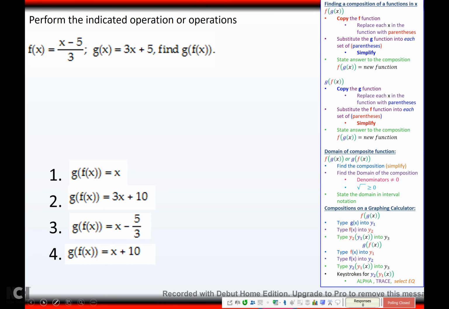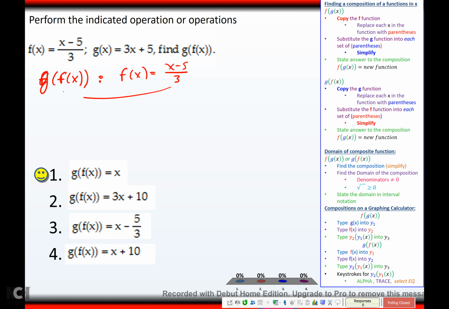Alright, you try one, hit pause, come back when you're ready. And you should get x. They want g of f of x. So I'm starting with the f function, which says x minus 5 over 3, and I'm taking it to g.